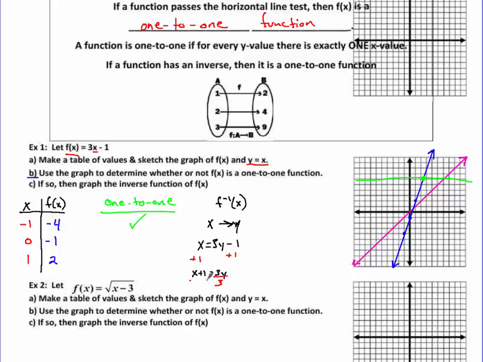Divide both sides by 3. And we'll get that (x plus 1) over 3 equals y is our inverse f of x. So instead of the y, we'll just put inverse f of x. And then we're going to make our table.